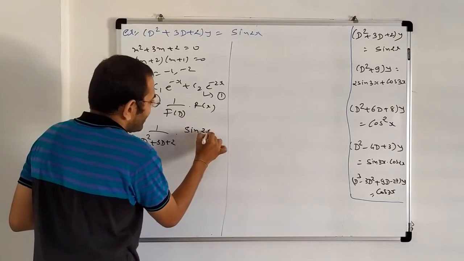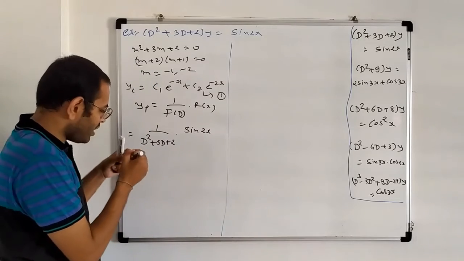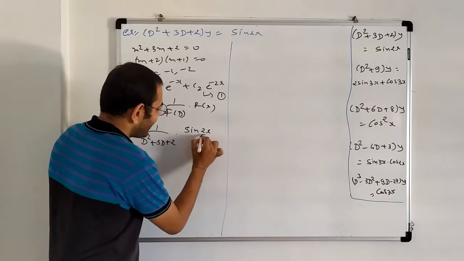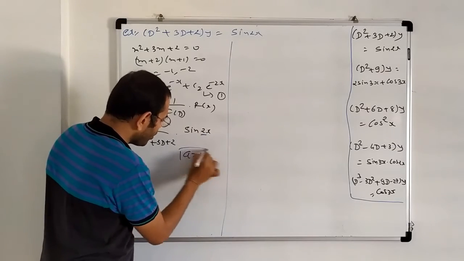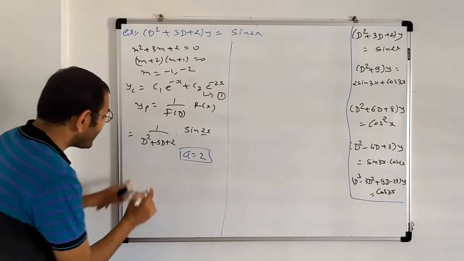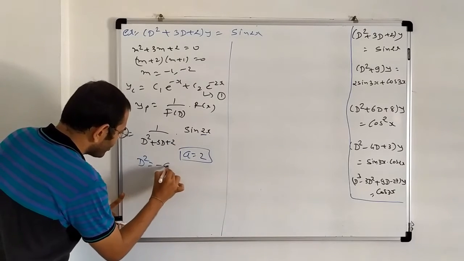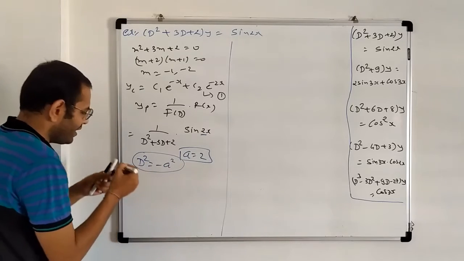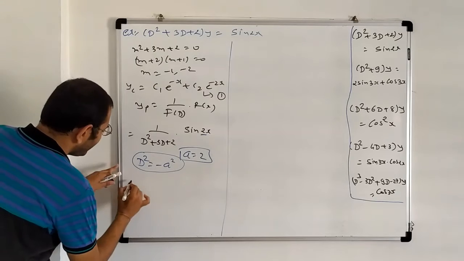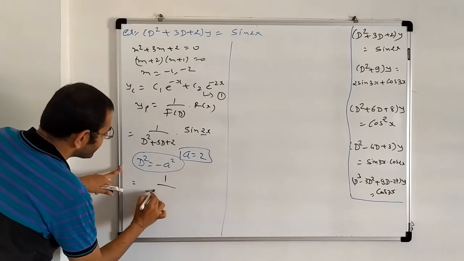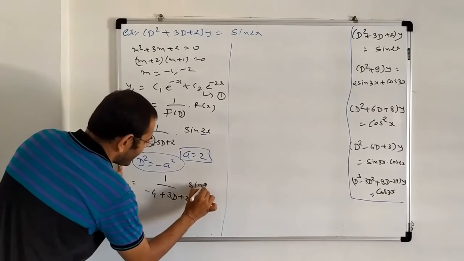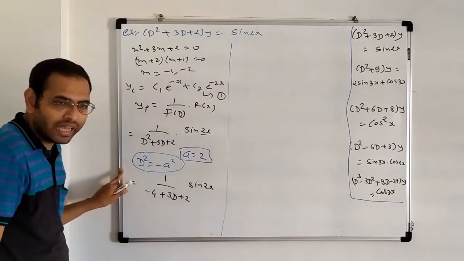Then D square plus 3D plus 2, into sin 2x. According to case 2, the value of a is 2, so a equals 2. We replace D square equal to minus a square, so minus 4 plus 3D plus 2, into sin 2x. We cannot replace D itself.